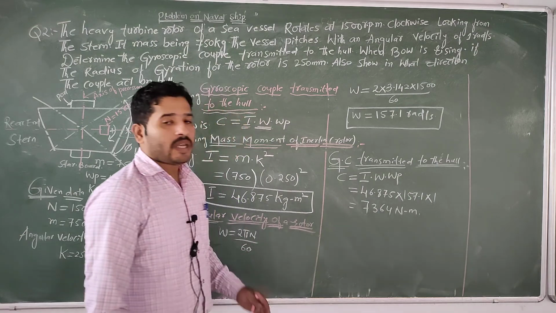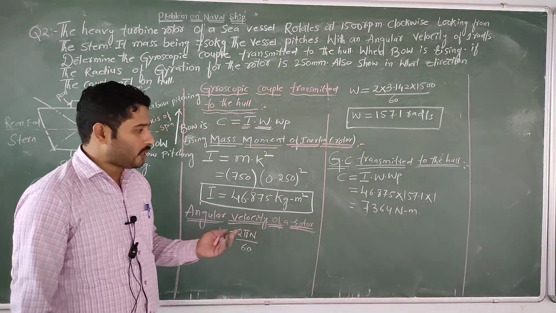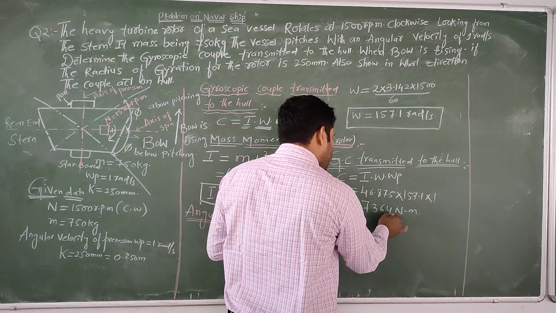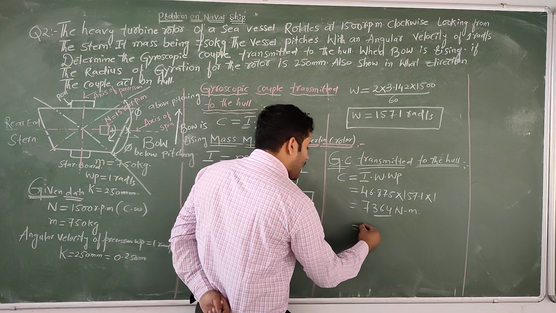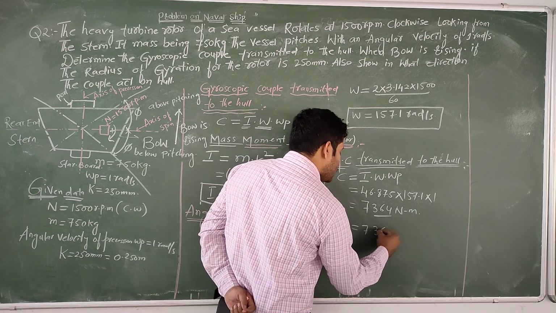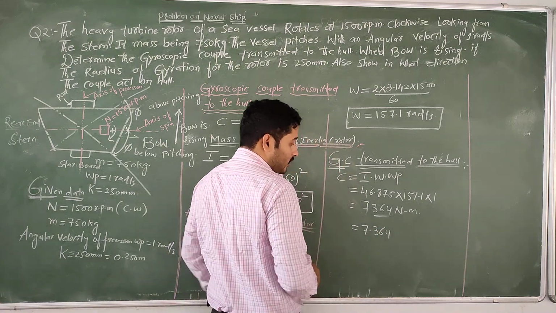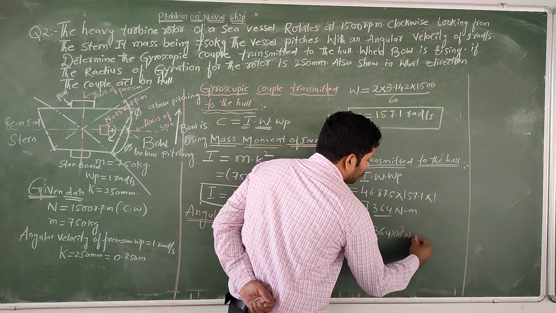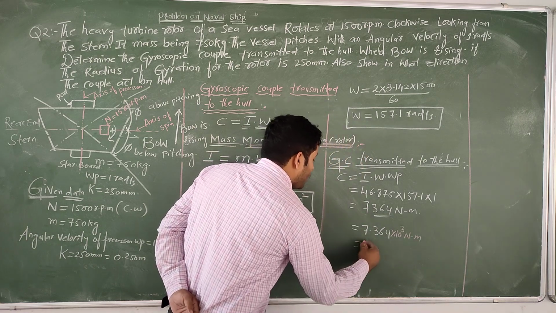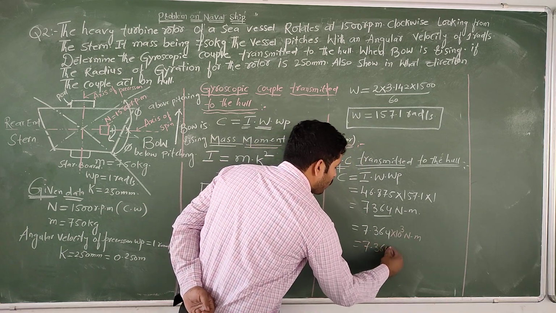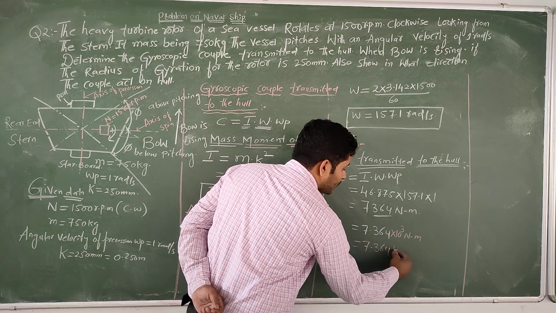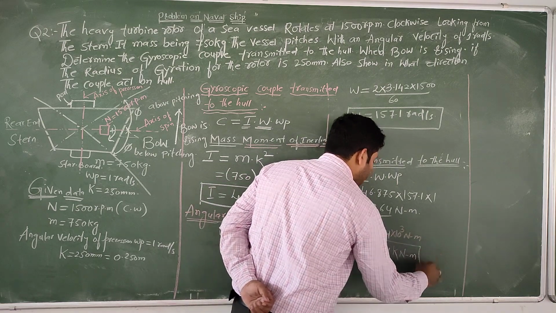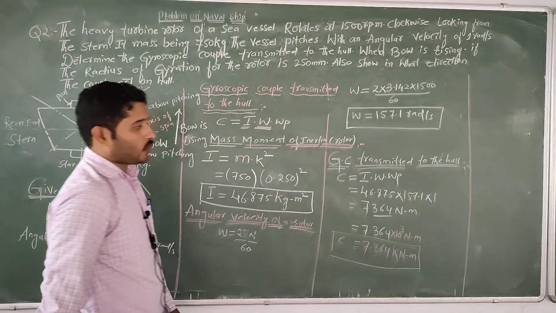If you want to convert into kilonewton, you need to remove 3 digits. If you remove the 3 digits, we can easily convert it as 7.364 into 10 power of 3 Newton meter, represented as kilo Newton meter. That is the value of C. The gyroscopic couple is transmitted to the hull.